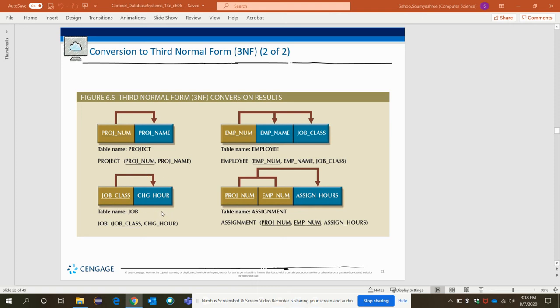Job class and CHG hour become a new relation called job, and now you have all the broken relations. The relation is broken into four different relations, and they are all in third normal form. Third normal form makes sure that a relation is in second normal form, with no partial dependency and no transitive dependency in any of the relations.